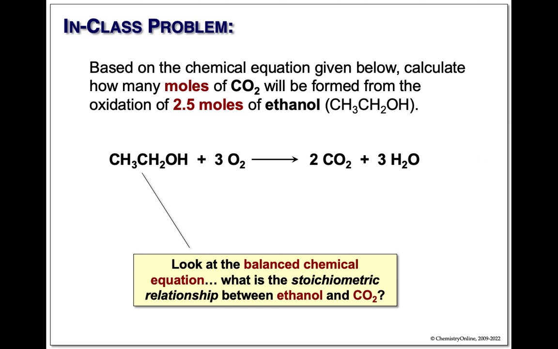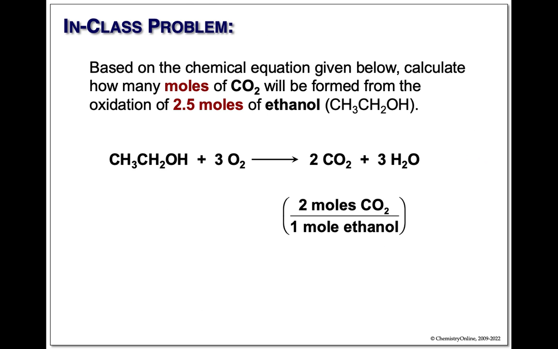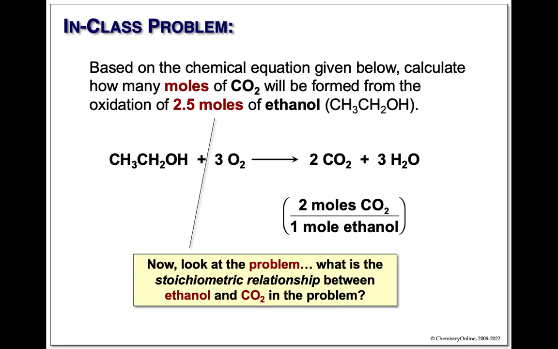We're going to identify the unknown we're trying to get and the given. So our ratio here is 2 moles of CO2 to 1 mole of ethanol. That's our known ratio. The unknown ratio, this is going to be X, our unknown, moles of CO2, and this, of course, is our given 2.5 moles of ethanol.